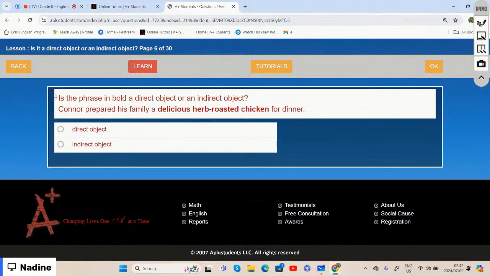All right, so now we're going to the next one that says, is the phrase in bold, which is delicious herb roasted chicken, a direct object or an indirect object? And the sentence is, Connor prepared his family a delicious herb roasted chicken for dinner.